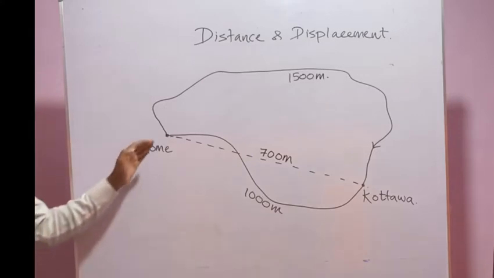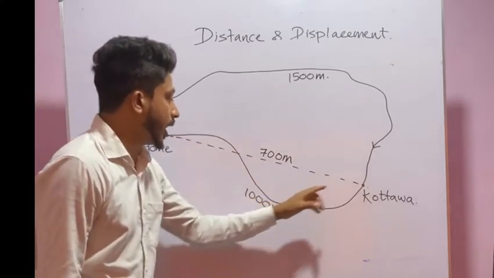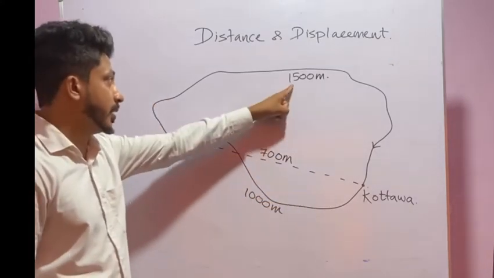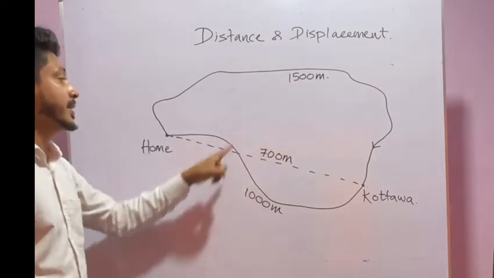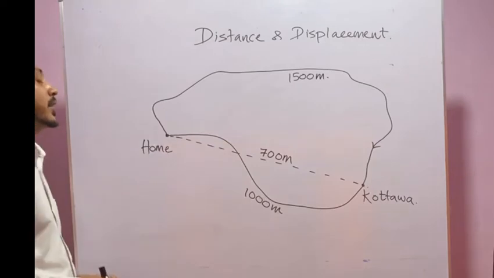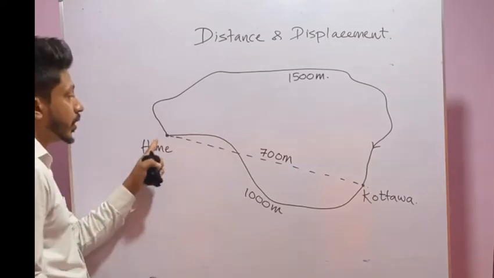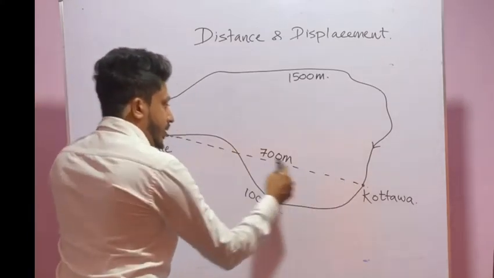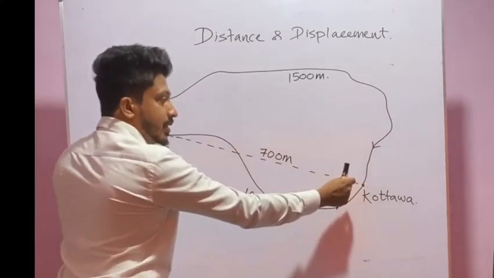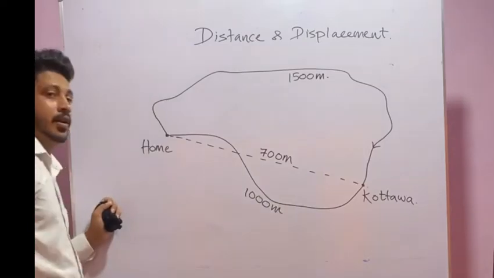So in this part I have to travel 1000 meters, in this 1500, and here it is 700 meters. So you can clearly see that this is the shortest distance between these two points.